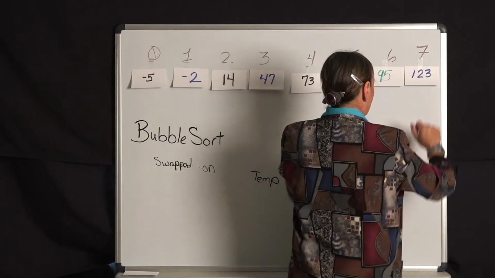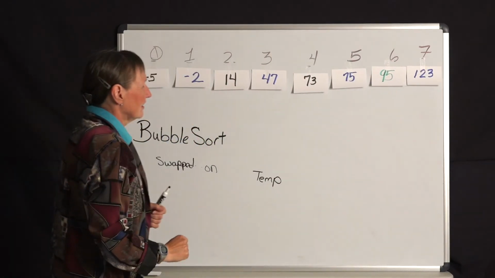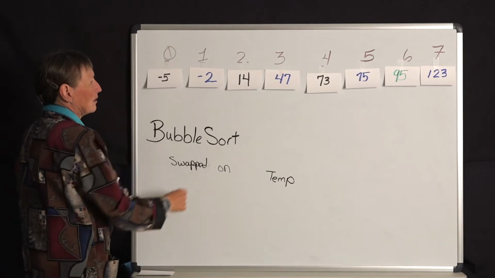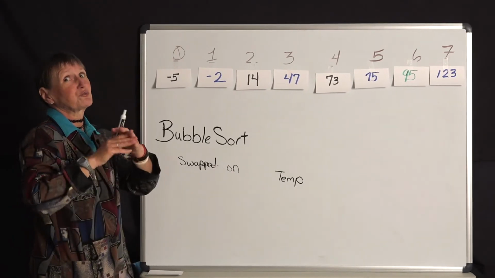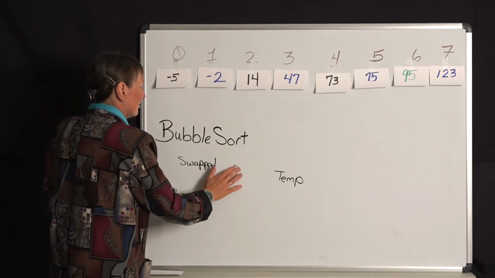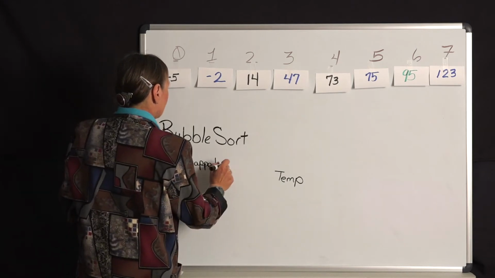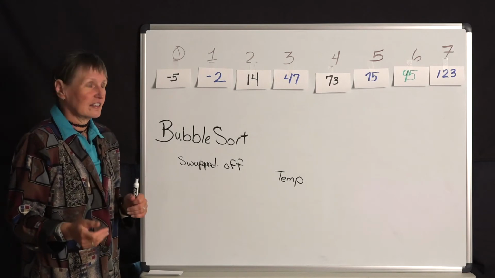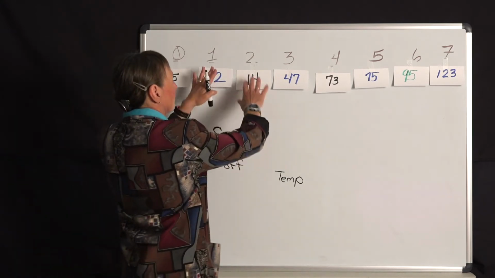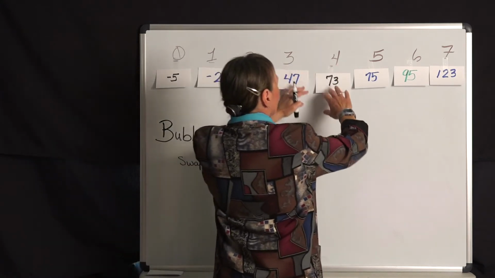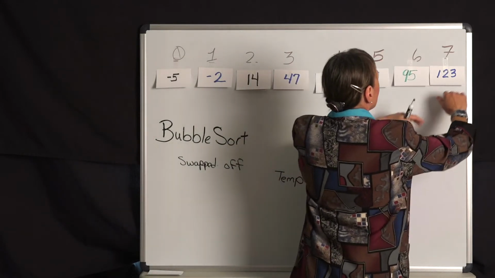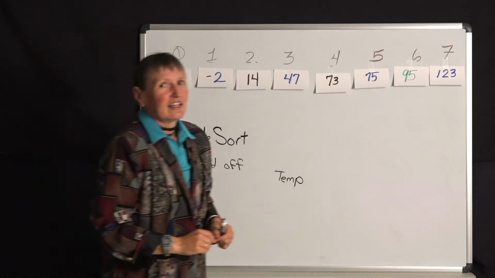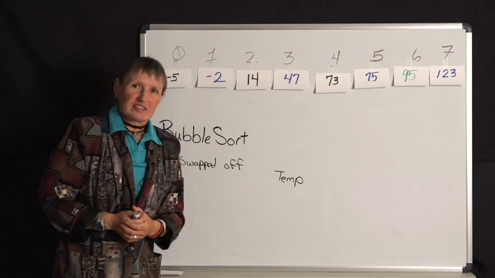Okay. And since swapped is on, we have to recheck the entire list, so I'll turn it off and start again. We're good, good, good, good, good, good. And now we have a sorted list.